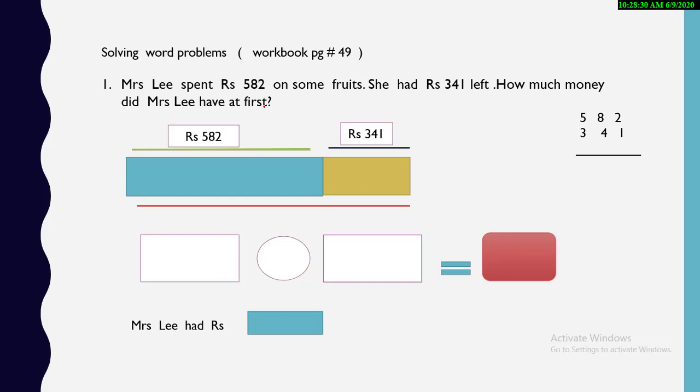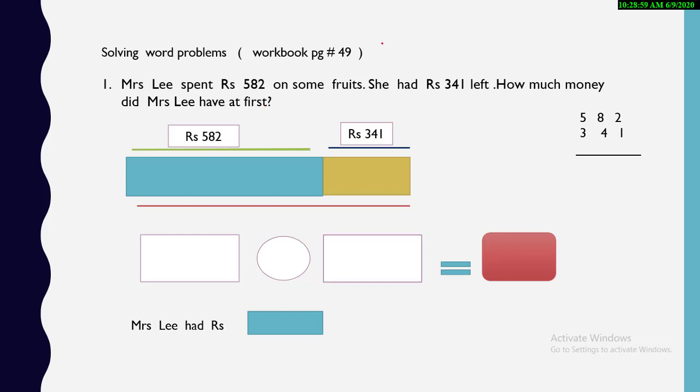Now translate this word problem in your mind, what they tell you. You can even translate this word problem in your mind into Urdu. It will also help you to find out the strategy or solution of this word problem. I will suggest you can even translate the whole word problem in your mind into Urdu, or into easy English, and then you will understand what you're going to do.